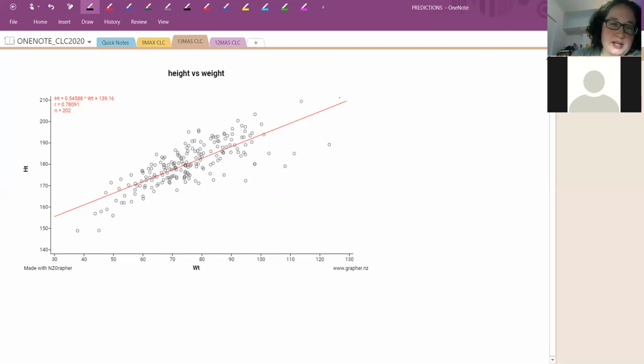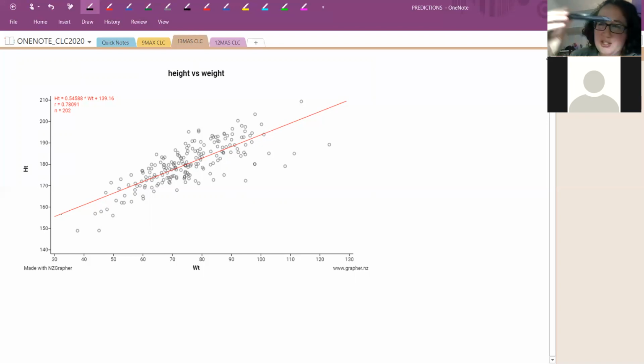So if I try to make a prediction for some athlete who has a weight of less than 30 kg, I'm going to get someone, according to my model, with heights that are starting to get lower than 150 centimeters, 140 centimeters, and as you go lower and lower, it becomes more and more unrealistic for someone to actually be an athlete at the Australian Institute of Sport and be of that makeup, right?